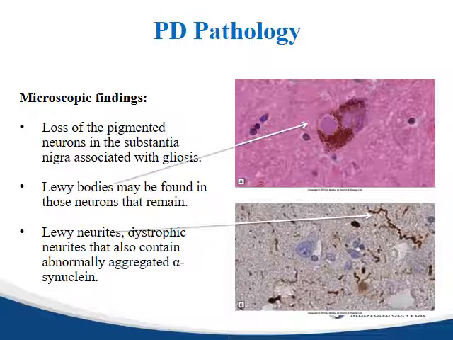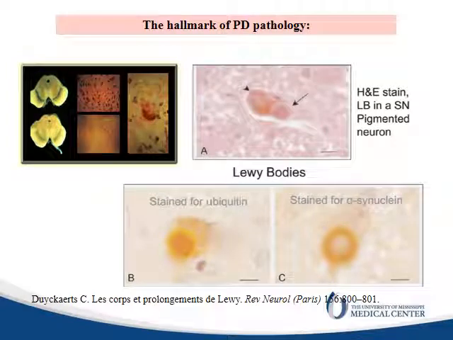People also found Lewy neurites, which are dystrophic neurites, in the area of degenerative dopaminergic neurons. And later, people found aggregated alpha-synuclein, an abnormally accumulated protein, in the Lewy neurites and Lewy bodies.